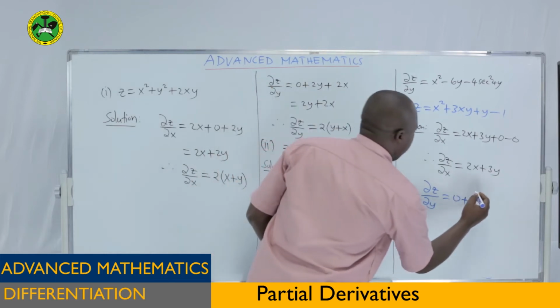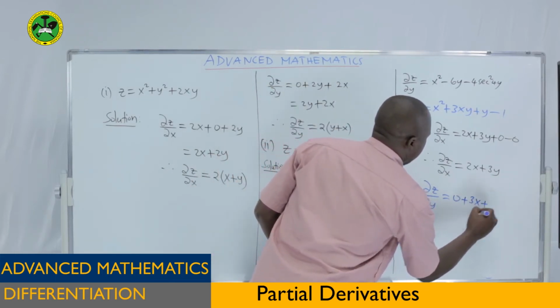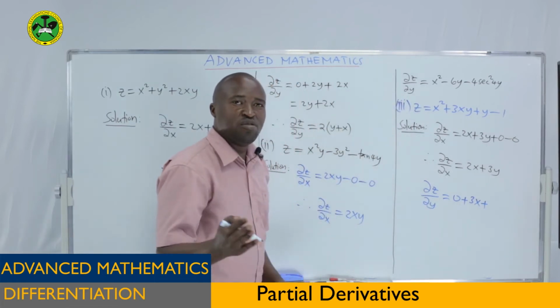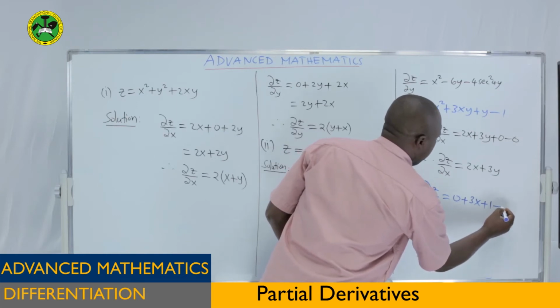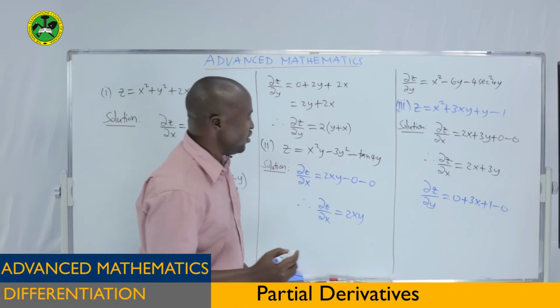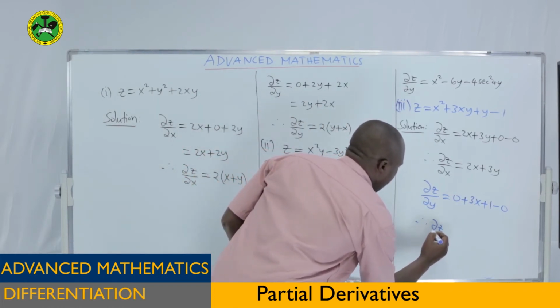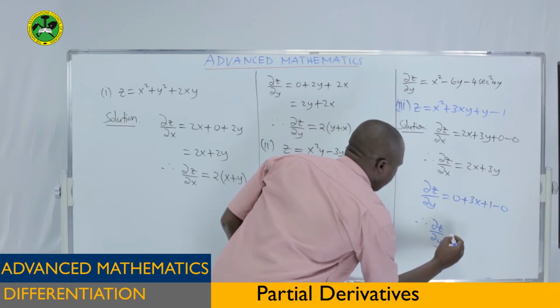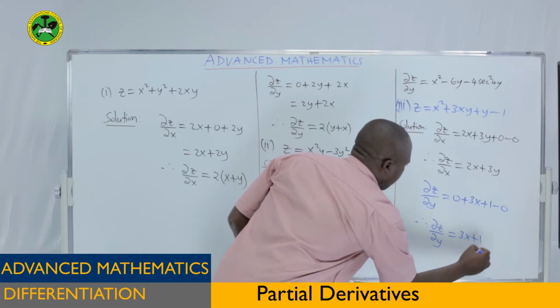In this case, we have 3x. Then plus, differentiating y, that is 1. Then minus 0. Therefore, the partial derivative of z with respect to y is equal to 3x plus 1.